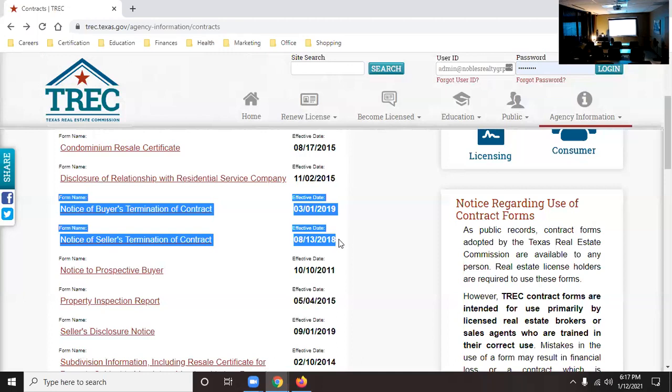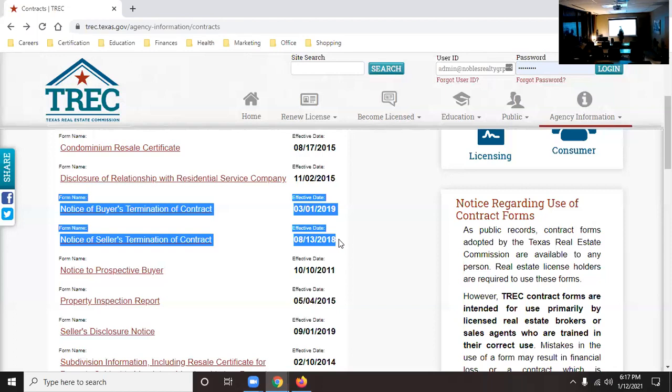However, if they mutually decide to terminate the contract, it is best practices, or at least in my office, that both parties should send to the other party a termination. And check box 8 and say mutual termination. Both of them should send them to each other. Therefore, both parties have been notified and they both agree.